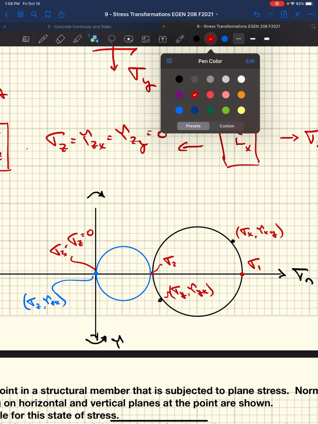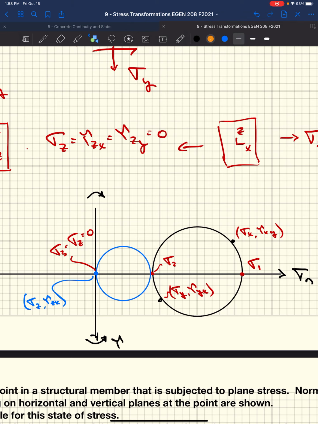Let's see, what color should I go with? So we get these 3 circles on our graph here.